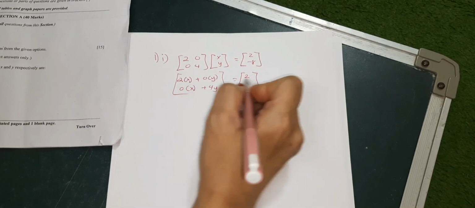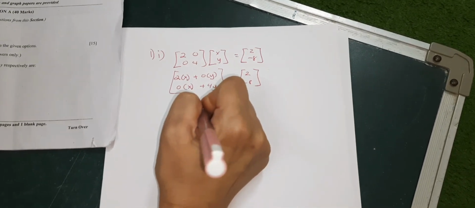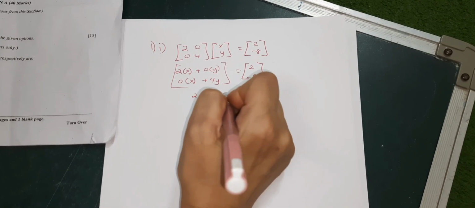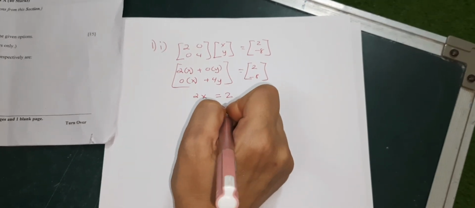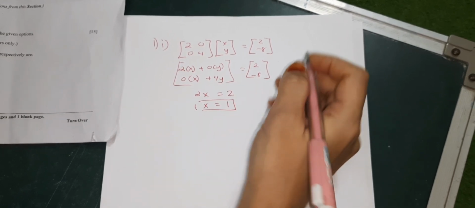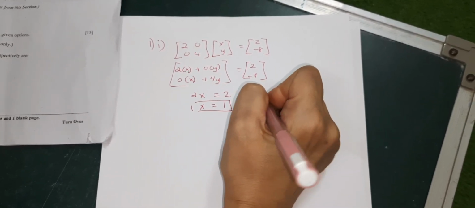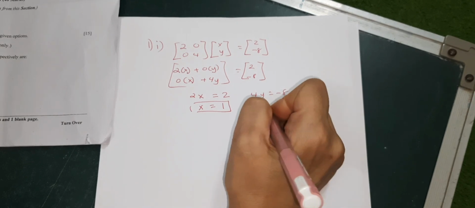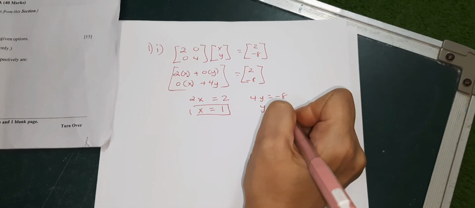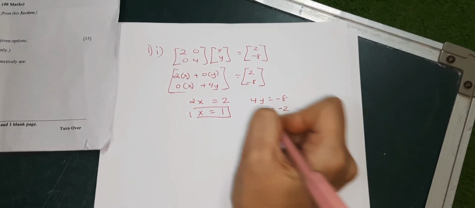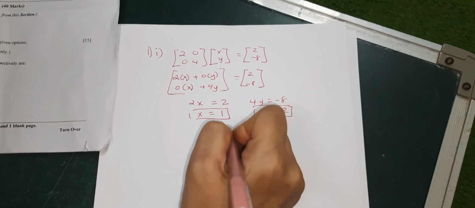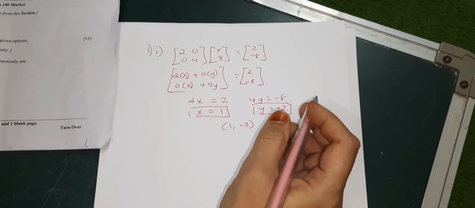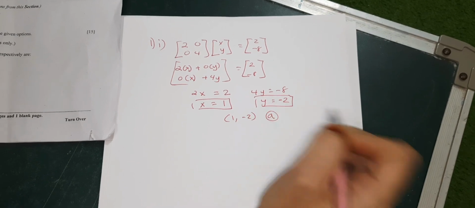And then the positions are equal. So 2x, 0y is just 0, 2x is equal to 2, so x is equal to 1. And 4y is equal to minus 8, so y is equal to minus 2. So our answer then is 1 comma minus 2, which is A.